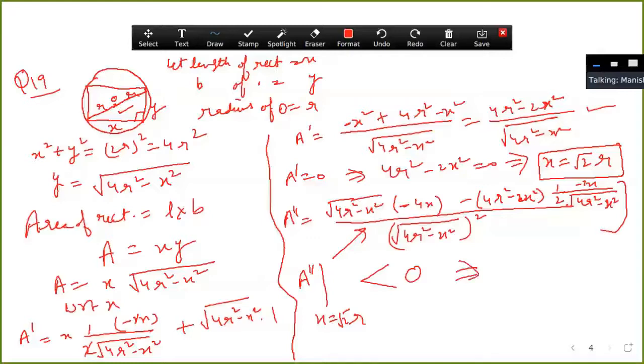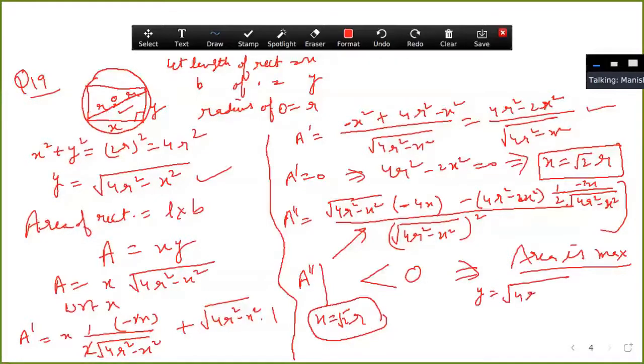What does this imply? Area is maximum. Now we have to find out y. If x is equal to root 2r, then what is the value of y? y is equal to root of 4r square minus 2r square.